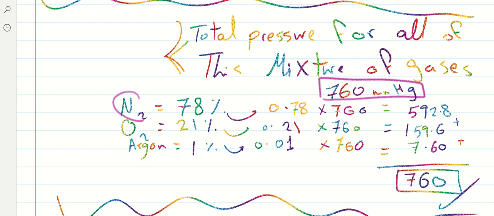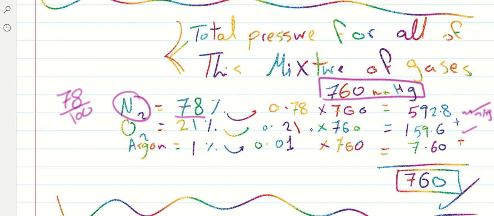For nitrogen, 78%, you're going to convert it into a decimal, because 78% means 78 divided by 100. So it is 0.78 times 760, and you get the answer in millimeter mercury. Number two, 21% means 0.21 times 760, and you get the answer.